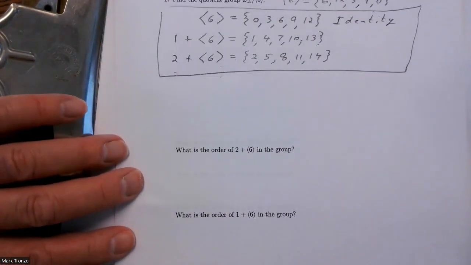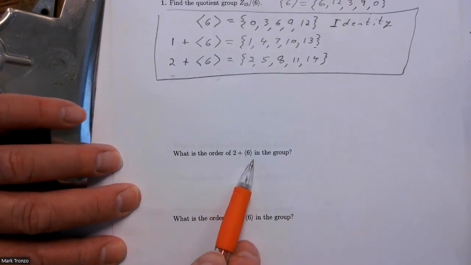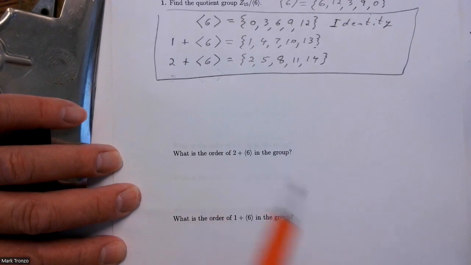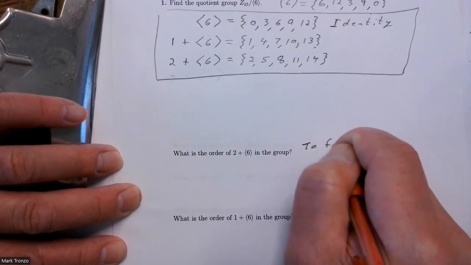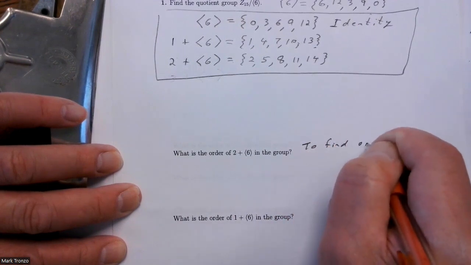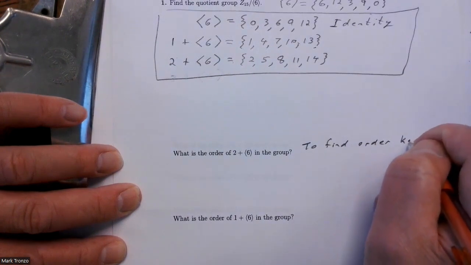And then also the order, what is the order of this element? Remember to find the order, keep adding it together until you get the identity.